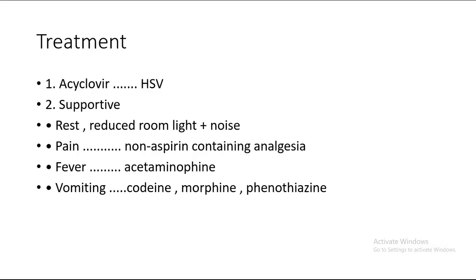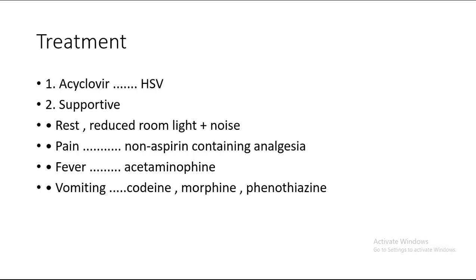Specific treatment is available only for herpes simplex virus and varicella zoster and others by using acyclovir, which is an antiviral drug. But the main line of treatment is the supportive treatment by rest, reduced room light and noise.